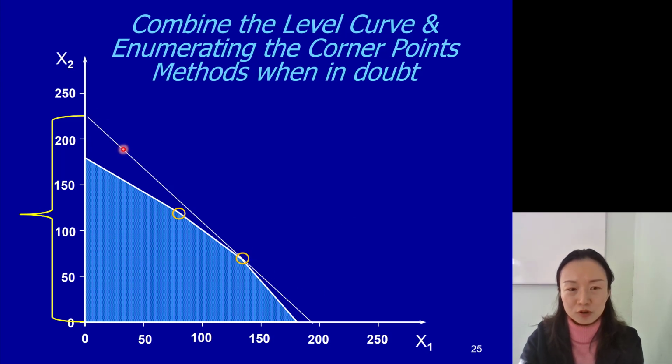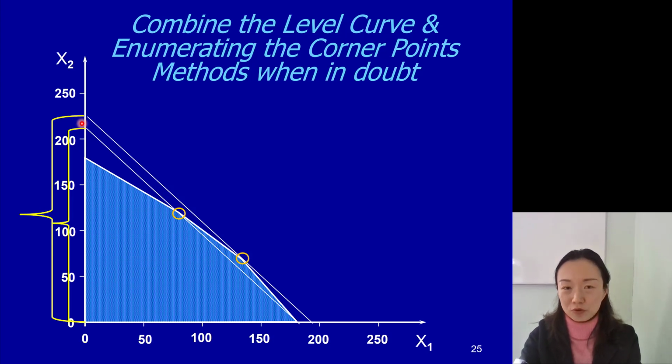And when you draw the level curve, especially if you can't really draw it true to scale, it can be really hard to tell whether it's this point or this point, because there is a really slight difference between these two intercepts here.